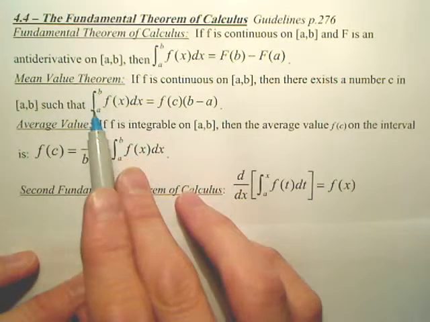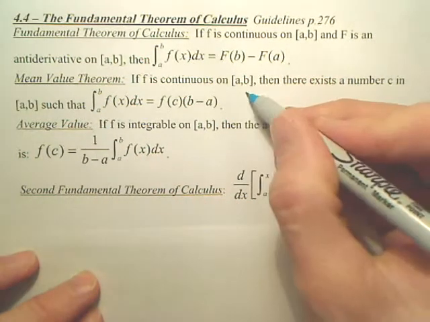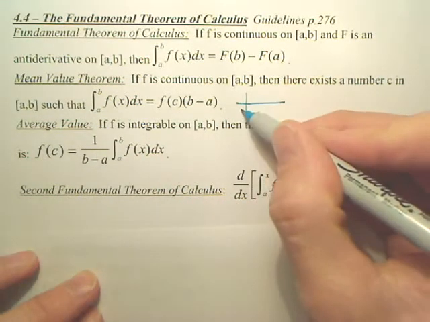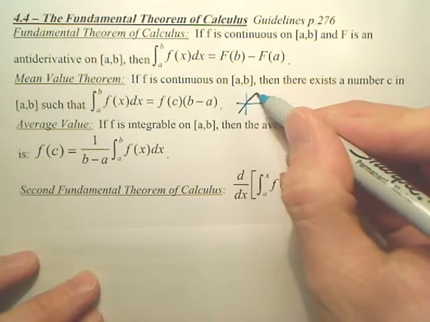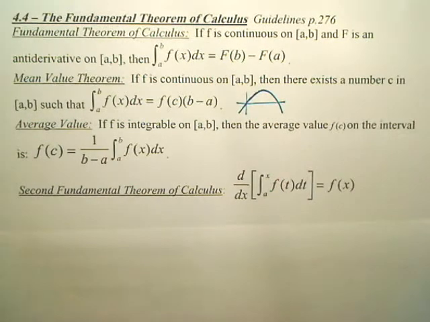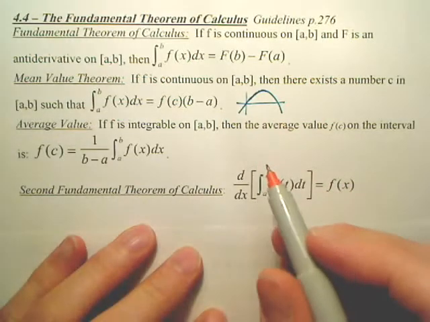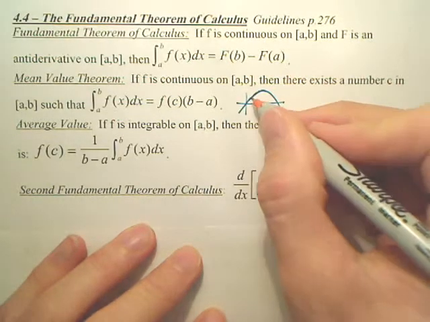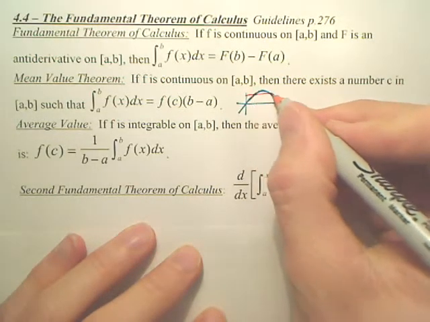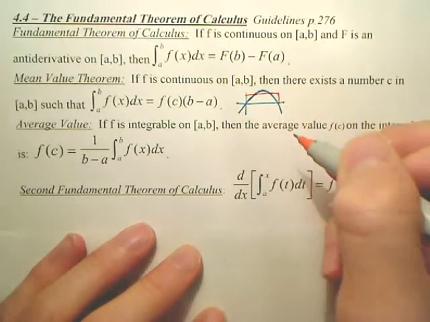Here's the area under the curve. If I have a graph, say like this, I could find the area under that curve. But there is an area underneath that curve of a rectangle that matches that. Meaning, I can make a rectangle from here to here.